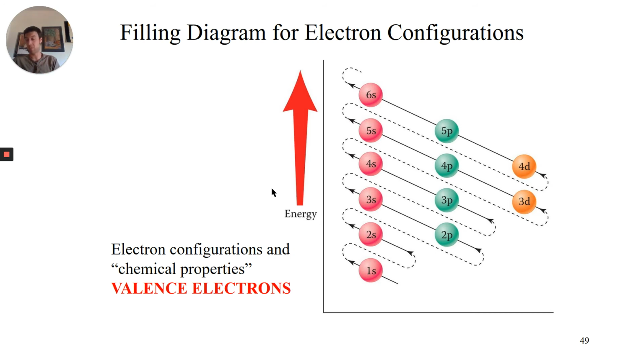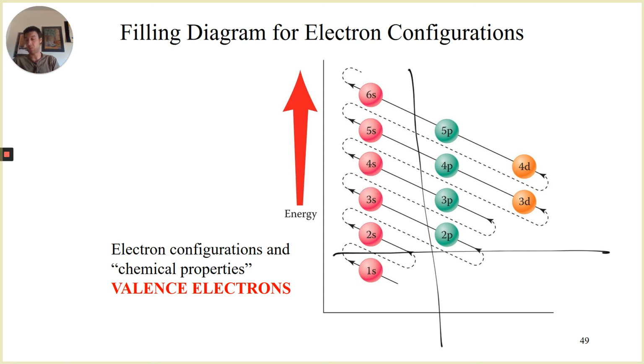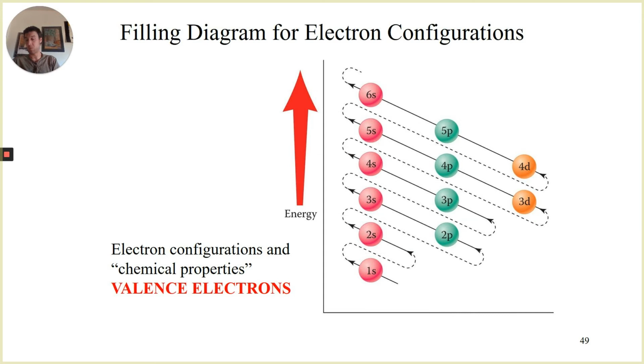For this thing to work, you have to be able to draw like graph paper. And if you can't draw clean graph paper, then this method is useless. In which case it makes more sense to be able to interpret the periodic table. But ultimately what you're trying to do is get to an electron configuration.